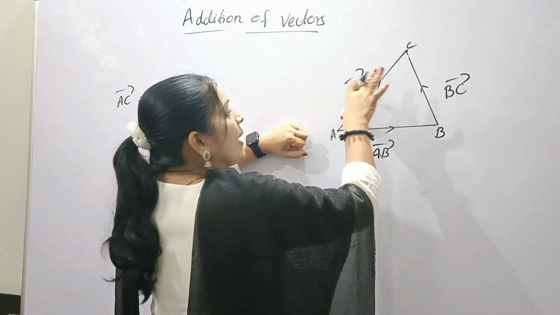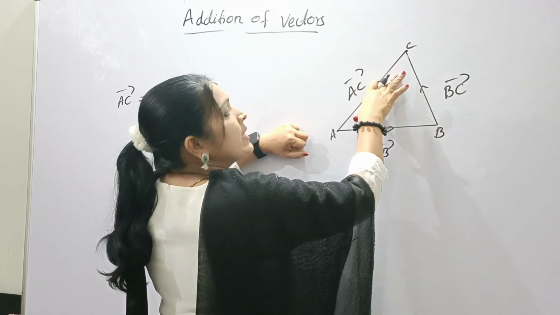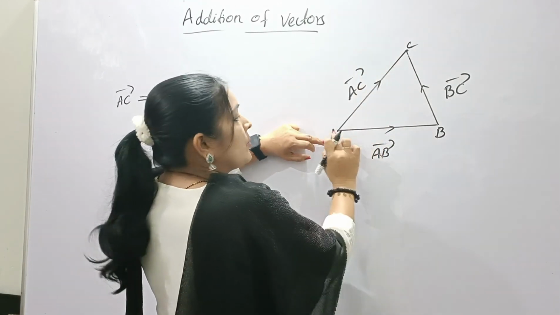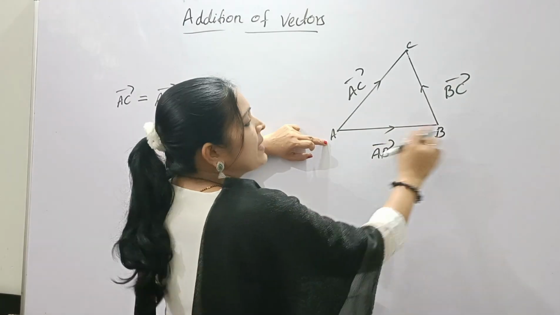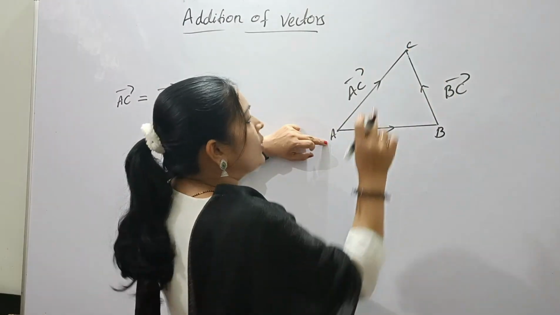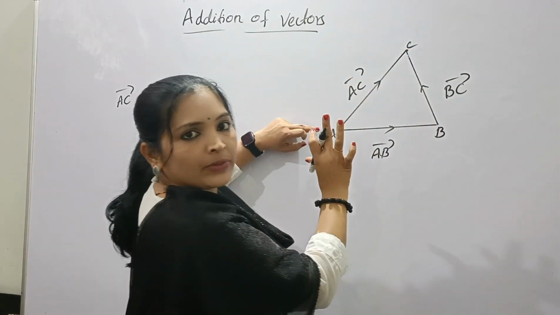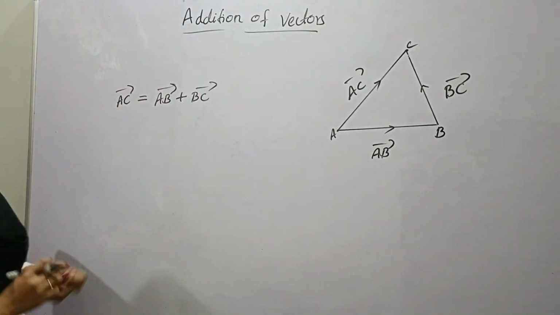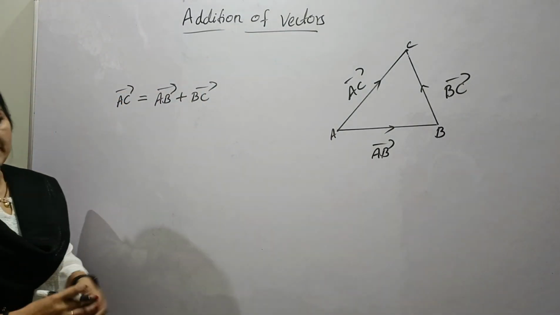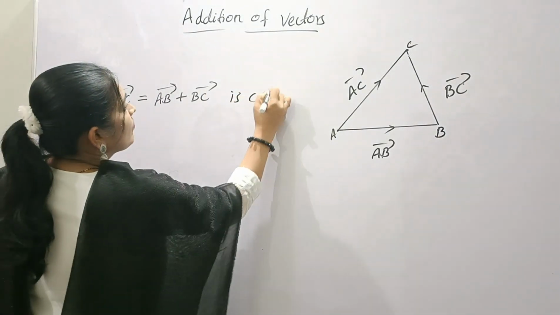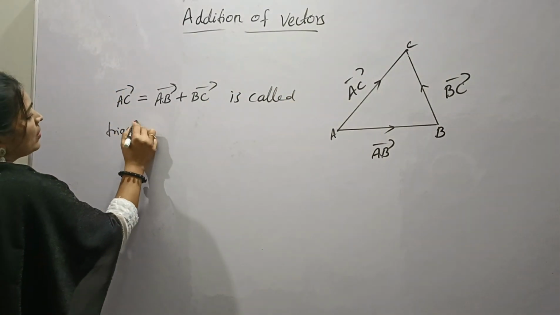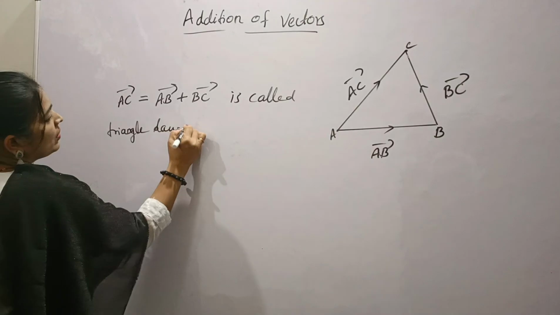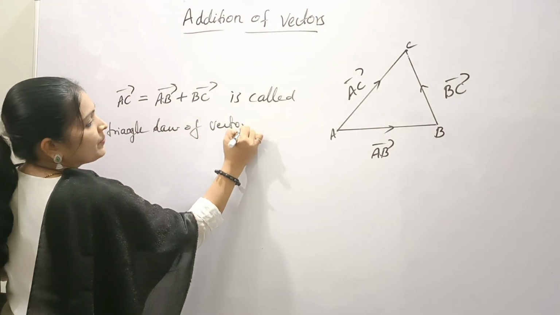So here it is the total displacement from A to C. Vector AB plus vector BC is equal to vector AC. It's called the triangle law of vector addition.